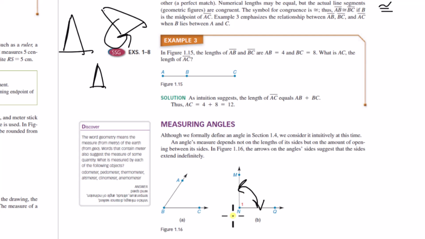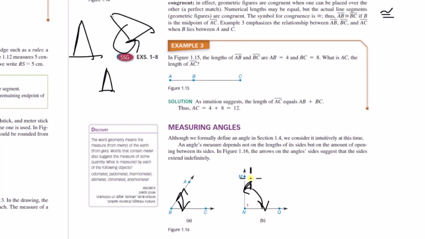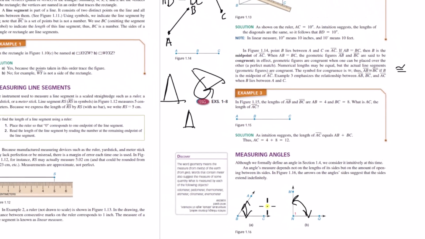That's the actual measure of an angle: the amount of the separation. The larger the separation, the larger the value of the angle is going to be. The smaller the separation, the smaller the value of the angle is going to be. So we would expect that this angle measure is going to be less than this angle measure, because you can see there's more of a rotational separation between the two straight sides here than here.